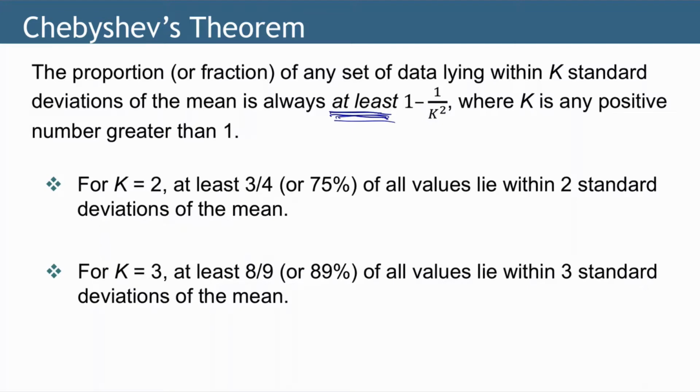So if k is 2, you plug in 2, so you get 1 minus 1 over 2 squared, right? So 1 minus 1 over 4, that's 3/4, or in other words, 75%. So in other words, at least 75% of the data lies within 2 standard deviations.